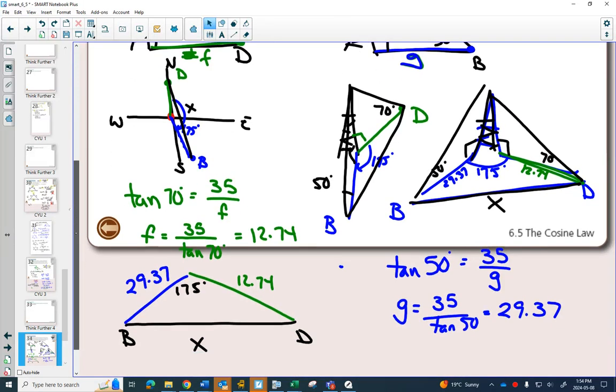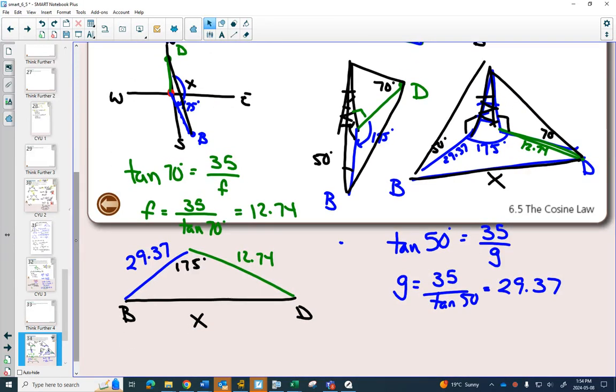Now, when I look at the triangle that included x, I now have 3 pieces of information. I cannot use SOHCAHTOA though, because it's not a right-angled triangle. I can use the cosine law. Sine law wouldn't work either because I don't know an angle and its opposite side. I just know an angle.